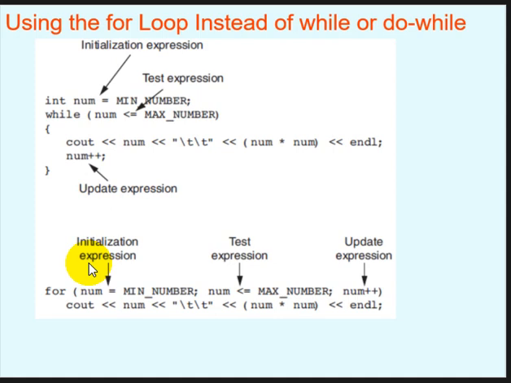But the scenarios are different. The for loop is very suitable when you know exactly the number of iterations, when you know exactly the number of times you want to execute. The do while loop is used to display the menu, and the while loop is used to validate the input, and on the basis of the input it is decided whether to repeat or not.